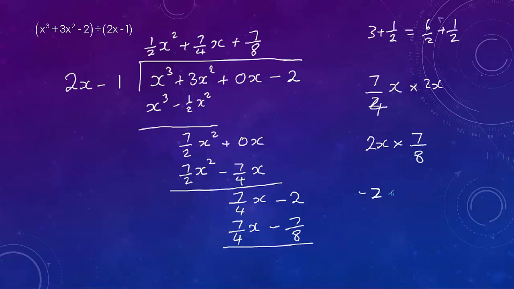So I've got negative 2 plus 7 over 8 when I do this subtraction. So that's negative 16 over 8, add 7 over 8, which is negative 9 over 8.